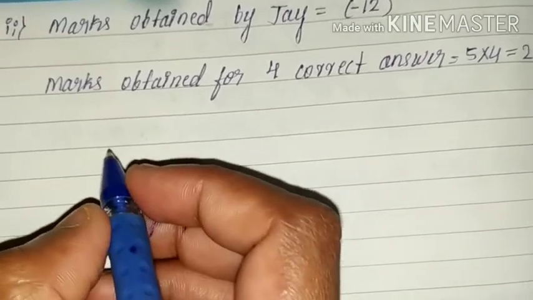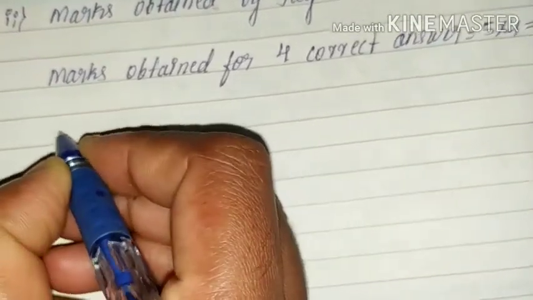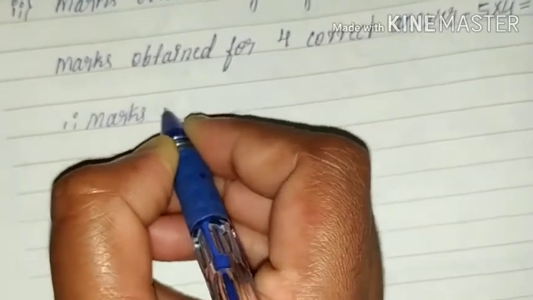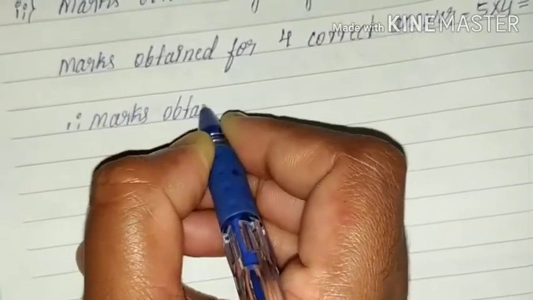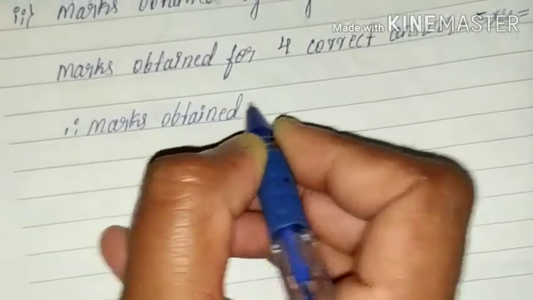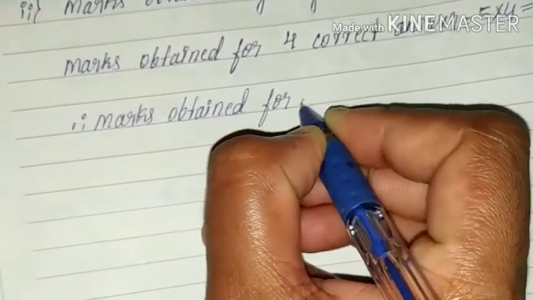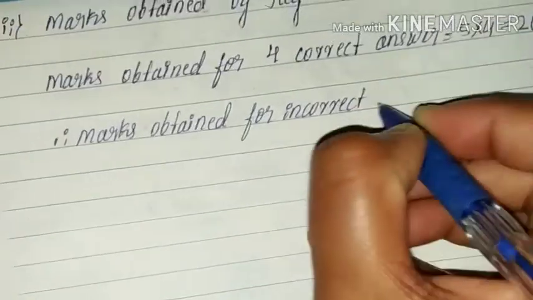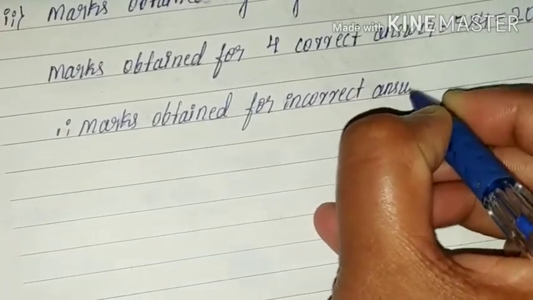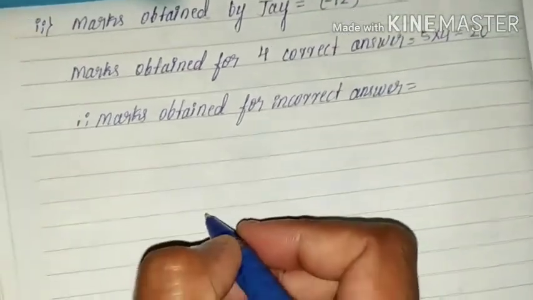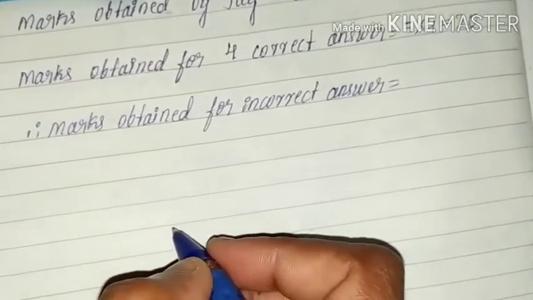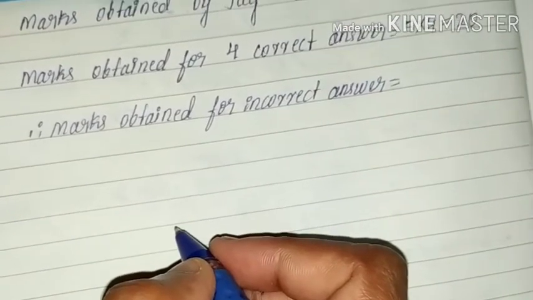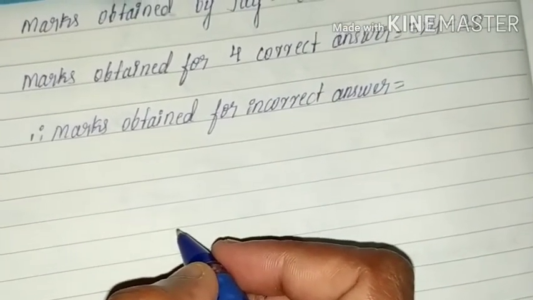Therefore marks obtained for incorrect answers is what? Total marks minus marks given for correct answers, right?